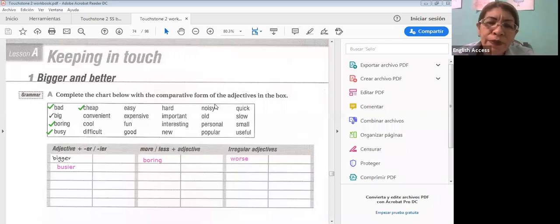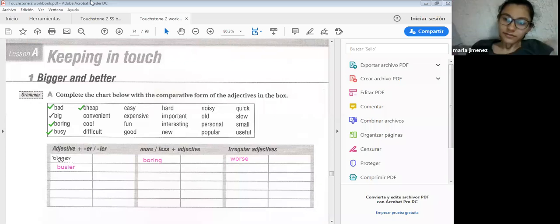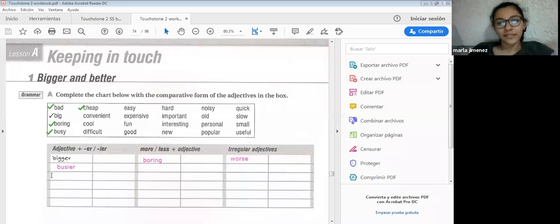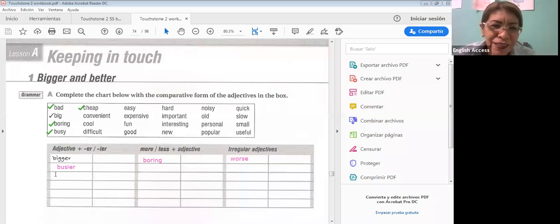So first of all, cheap. Is it a long adjective or a short adjective? Short. So what do we need to add? ER. Yes. Cheaper. Okay, like this, cheaper.